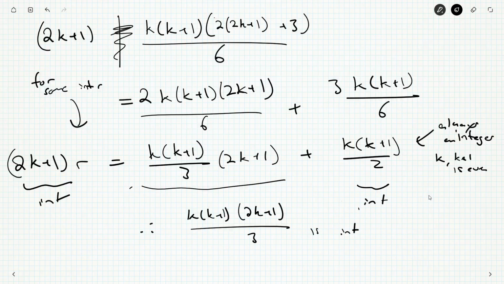Is this already a fact? Surely it must be an integer.